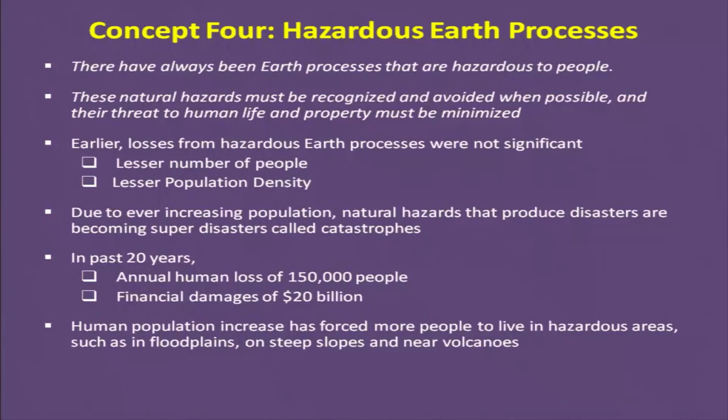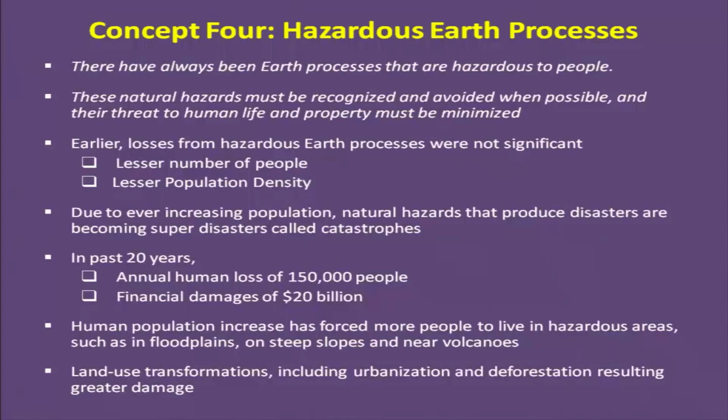This is one of the reasons the events are becoming catastrophes, because more and more people are exposed to the hazard. Land use transformation, including urbanization and deforestation, results in great damage. This is another important point to keep in mind in concept 4, hazardous earth processes.